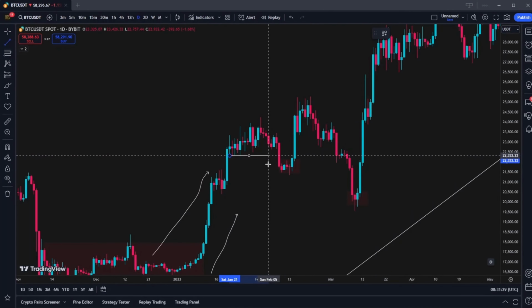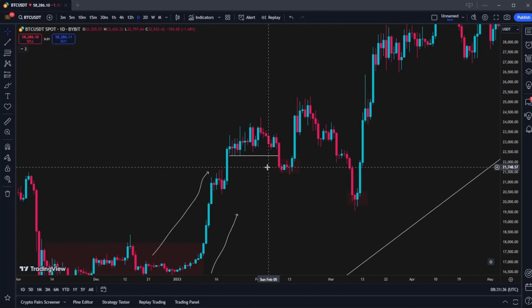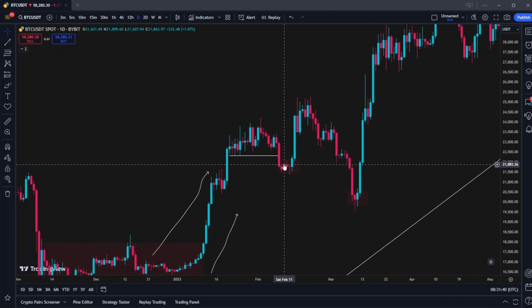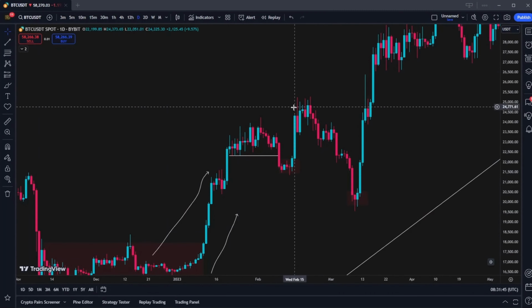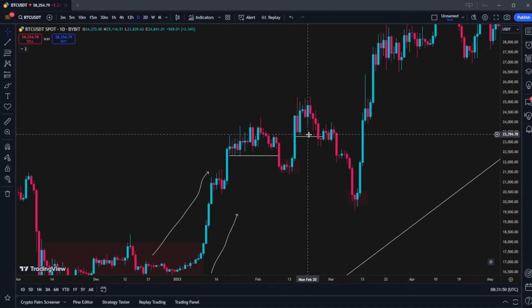You can see we create liquidity such as equal lows, meaning that a lot of retail traders are going to be entering at these support areas, setting their stop losses below, and then their stop losses get hit, adds liquidity to smart money, they're able to buy up these dips, and then the market goes up. And then again, this happens continuously throughout the uptrend or downtrend.